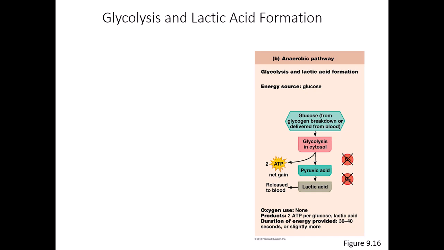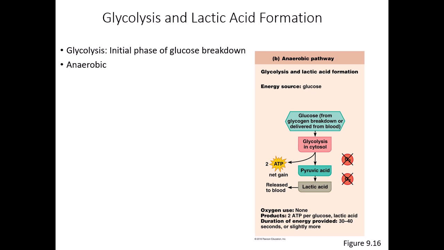Okay, our second form of anaerobic respiration, so without oxygen, is glycolysis. So we see glyco, right, glucose in there, and lysis, breaking down. So we're breaking down glucose, glycolysis. And so that's the first phase of glucose breakdown, because a couple of different things can happen here.